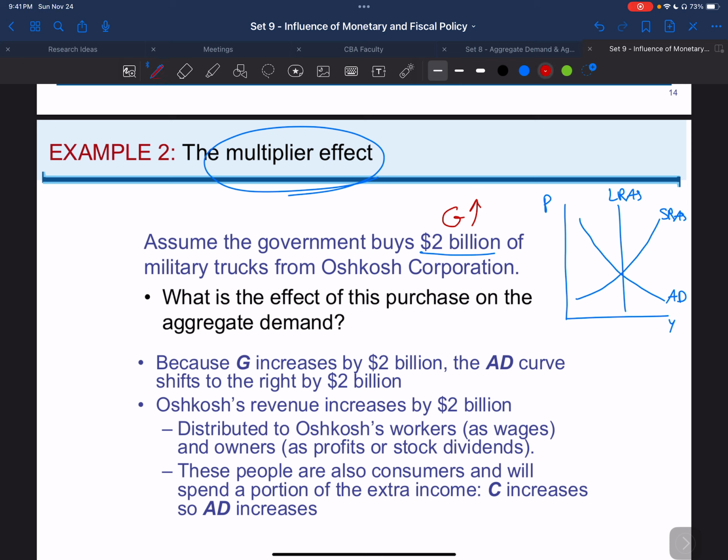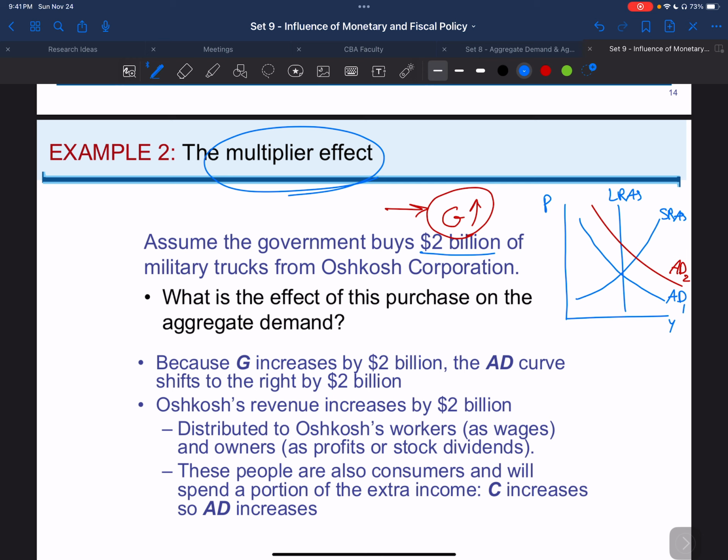And we're going to see, because of an increase in the level of the government's spending, we're going to have aggregate demand shift to the right. So Oshkosh's revenue increases by $2 billion, distributed to Oshkosh's workers.